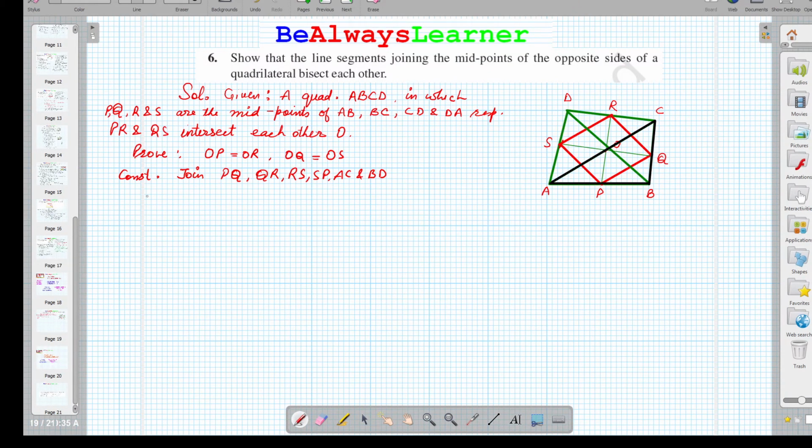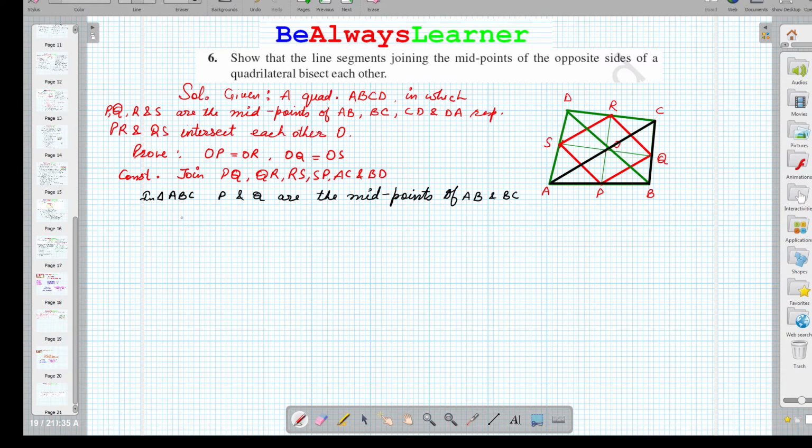Now in the black triangle ABC, the P point and the Q point, this point and this point, are the midpoints of the respective lines AB and BC.